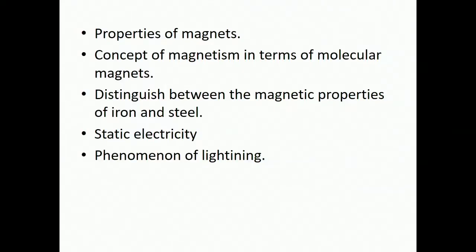Distinguish between the magnetic properties of iron and also of steel. We all know that magnets are either made from steel or from iron, and this depends on whether it's a permanent magnet or a temporary magnet. For example, all the permanent magnets are made from steel.